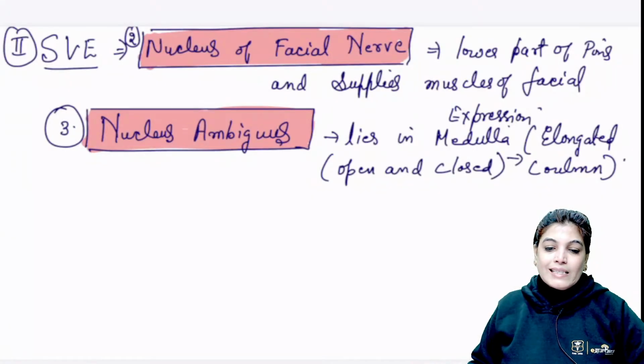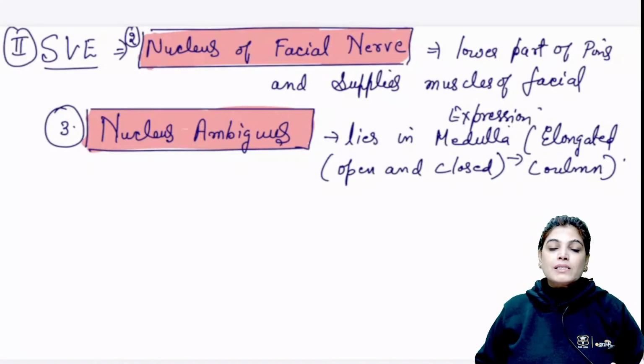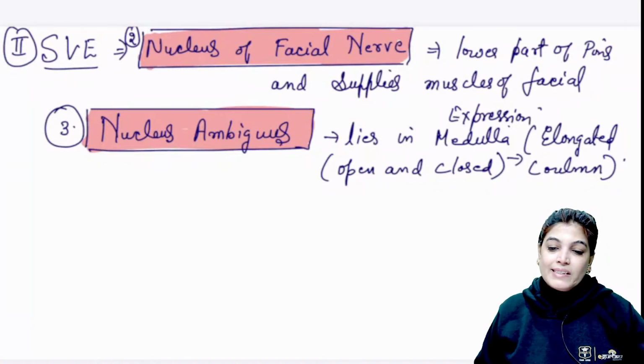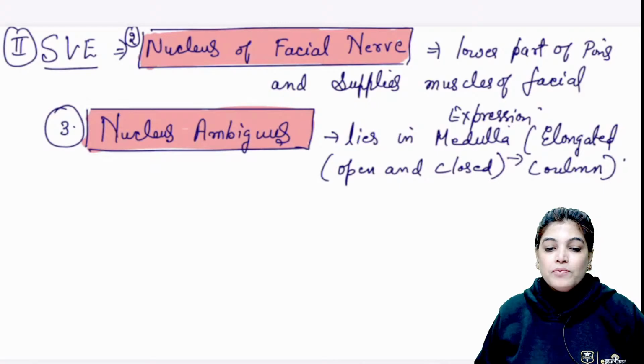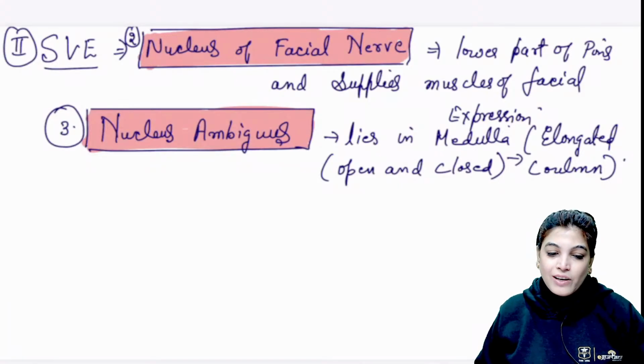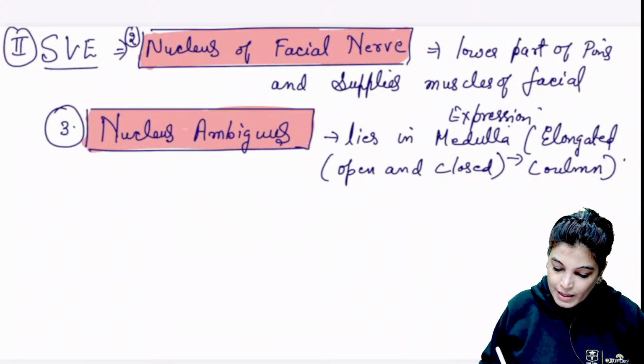Now the muscles supplied by the nucleus ambiguus: it supplies the muscle of the pharynx, the stylopharyngeus, via the ninth cranial nerve, and the muscles of the soft palate, pharynx and larynx.